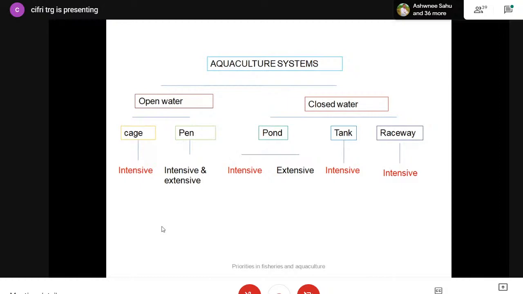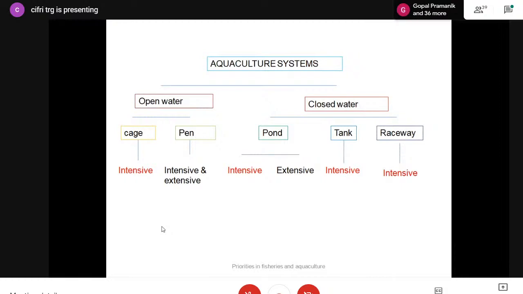As I just talked about, there are different kinds of culture systems. Earlier days we considered only closed water, like the pond, the tank, the raceways. But today we are talking about open water aquaculture, be it in ocean or in the inland sector. How are we doing this open water aqua farming?